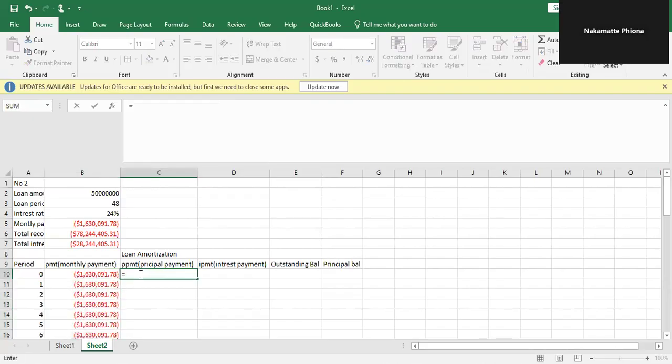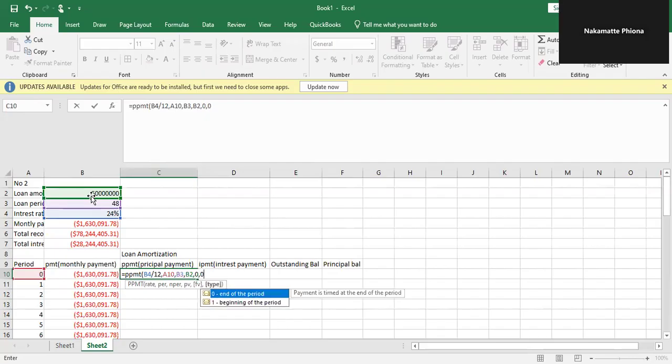We have PPMT. PPMT, open brackets, have rate over 12, comma, period, comma, NPER, it is 48, PV it is amount, comma, 0 and 0.